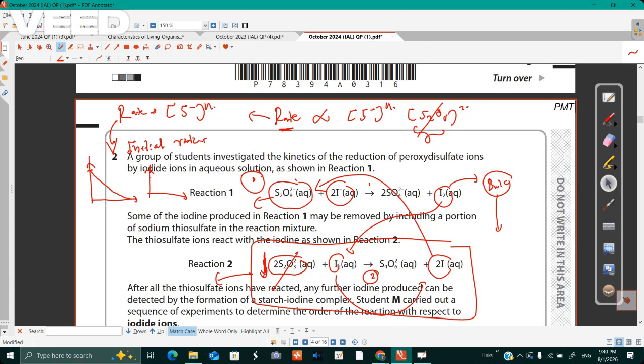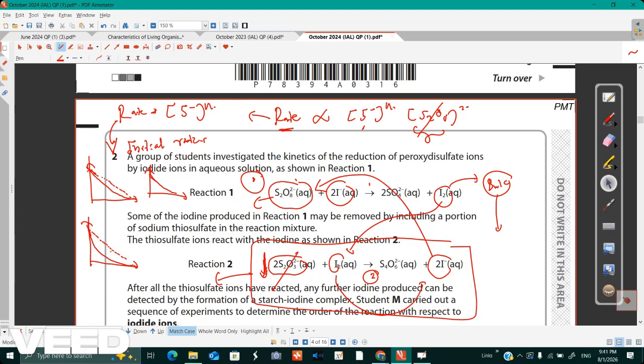Even though the rate is going down with the decrease of concentration of I minus, since we are taking the average rate, if the slope is not that steep, fine. If it is happening very slowly, you will have a very steep curve. So assuming the initial rate and the average rate are the same, the prediction is wrong.